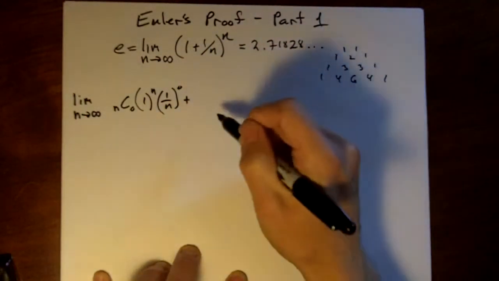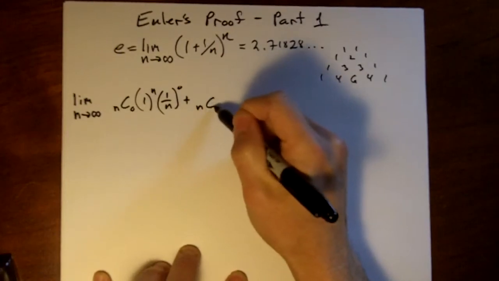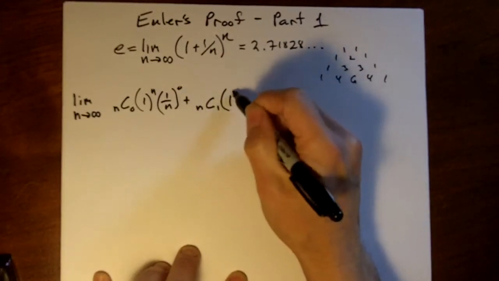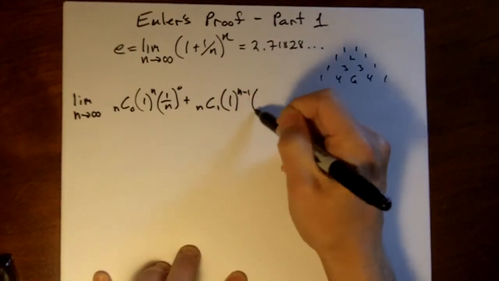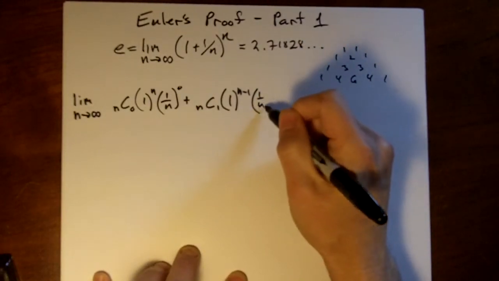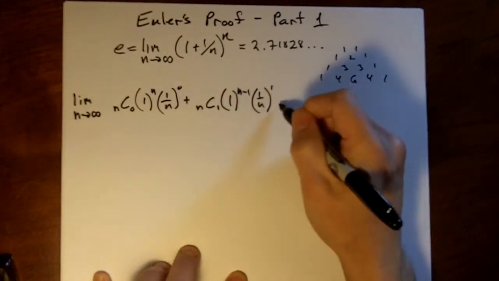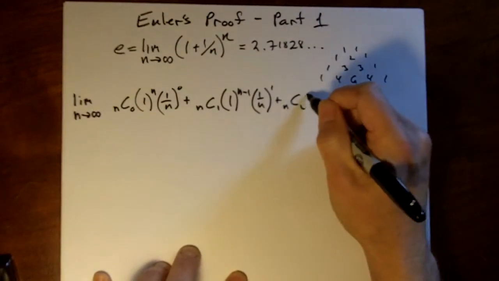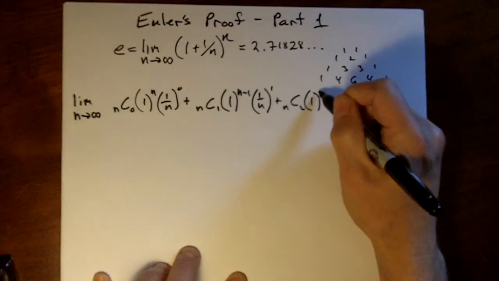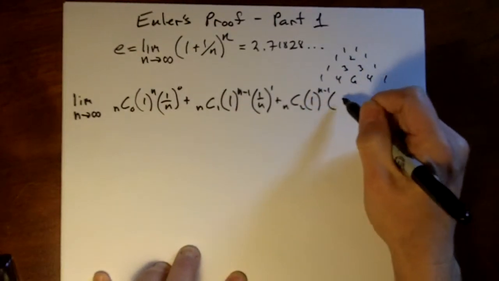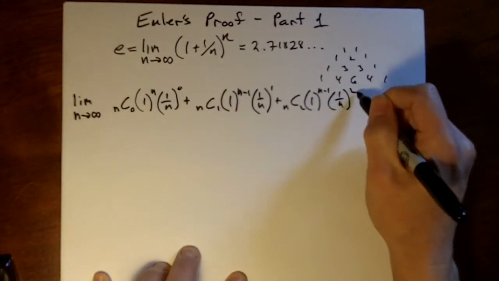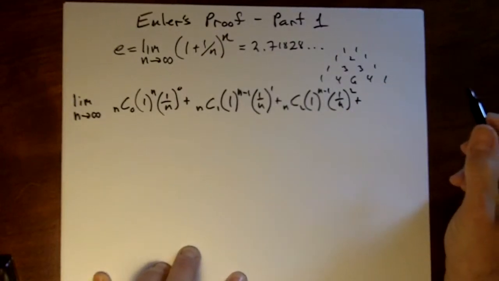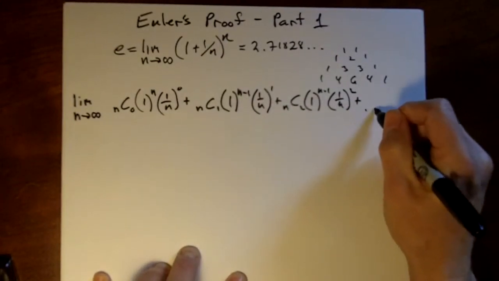Then we've got another term, which is going to look like nC1 times the first term raised to the n minus 1 power, times the next term raised to the 1, and then another term that's going to look like nC2 times 1 to the n minus 1 times 1/n squared, and so on. You get the idea.